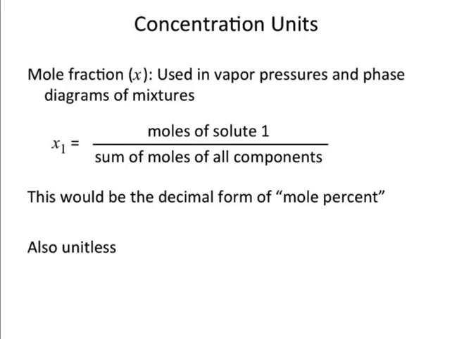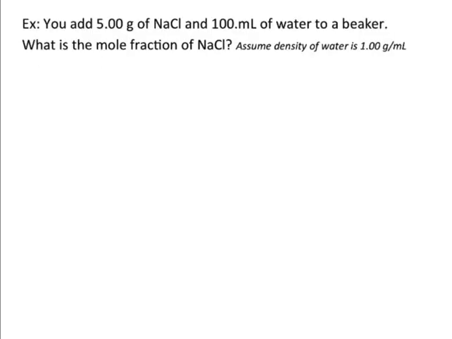So it's the moles of the solute you want divided by the sum of the moles of all the components, except it's not multiplied by 100. Just typically when you use the mole fraction, you wind up multiplying it by things, and you get much better math if it's not 100 or 50%, if it's 0.5 or 1 mole fraction. All right, here's our example for mole fraction.